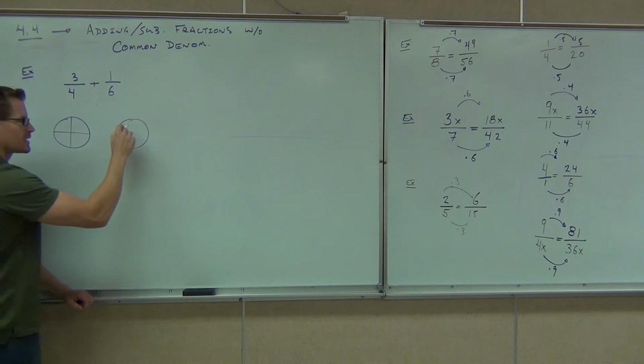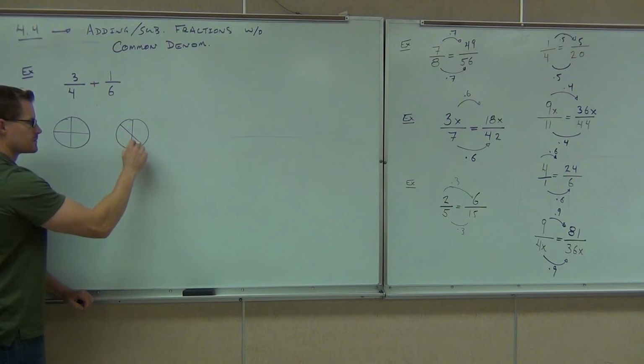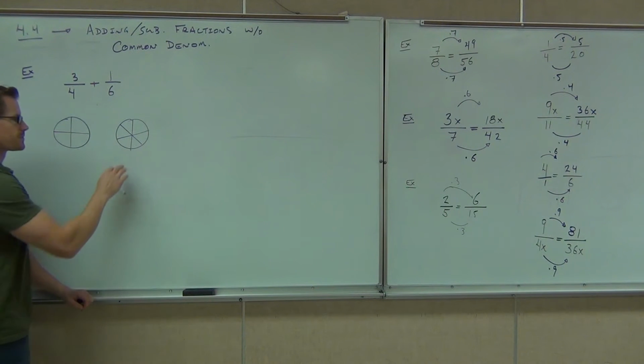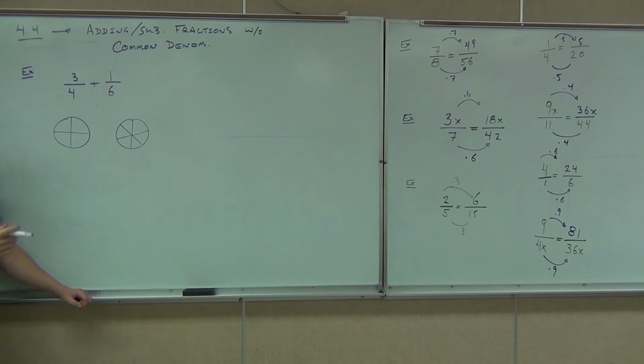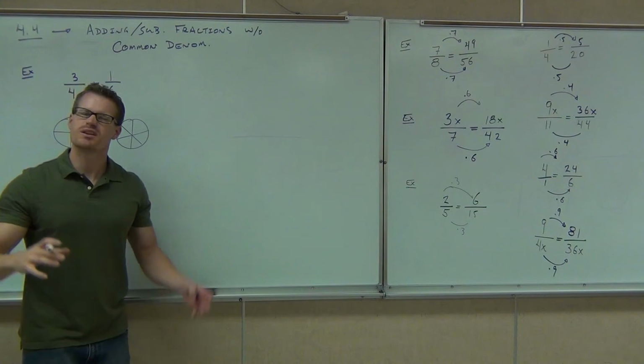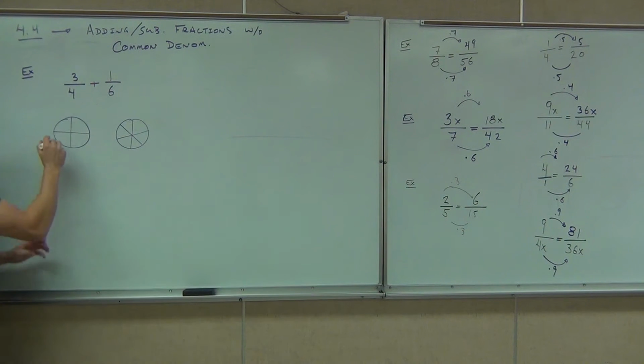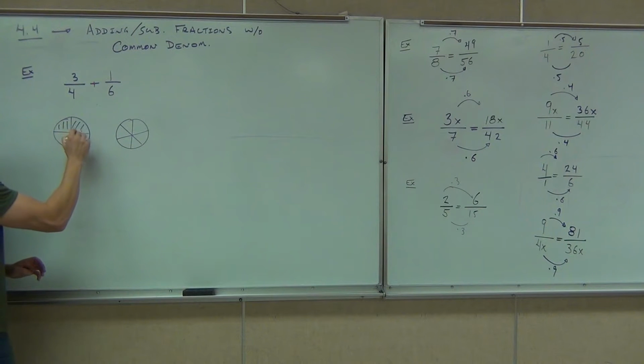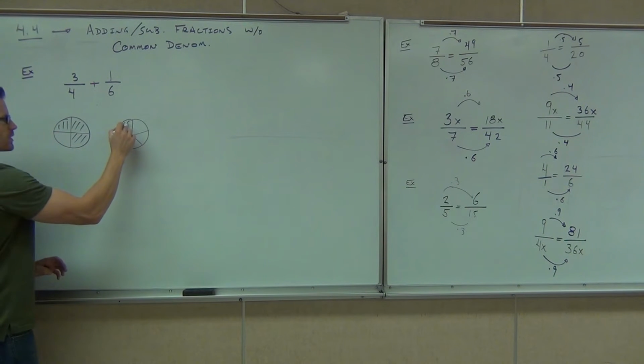And this pizza would be cut into 6 slices. Here's the question. Say you're really hungry one day, or these are mini pizzas. They're pretty small. And you eat 3 of these slices, and 1 of these slices.